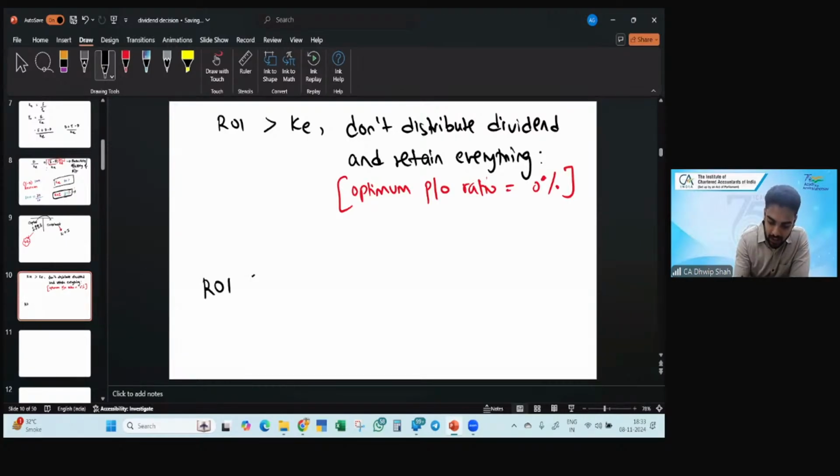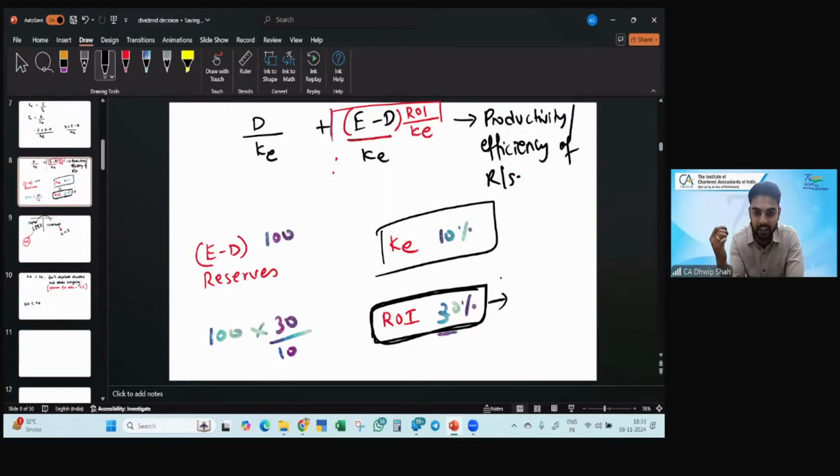If ROI is less than KE, in our example let's take this as 8%. If ROI is less than KE, it means it is beneficial to distribute dividend entirely. Because if the company distributes dividend entirely, the investor will earn 10% from other investments.